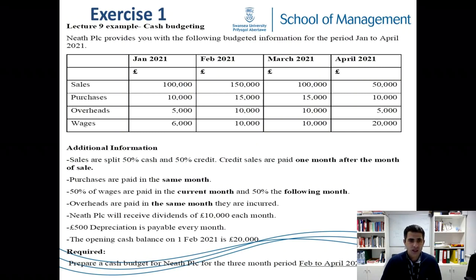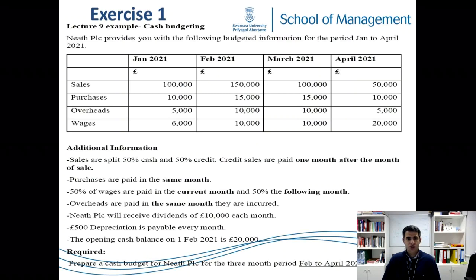Additional information tells you that sales are split 50% cash, 50% credit. Credit sales are paid 1 month after the month of sale. When I say credit sales, it means that sales are made on credit, they haven't paid yet. So the business hasn't received the money yet. They will receive it later.